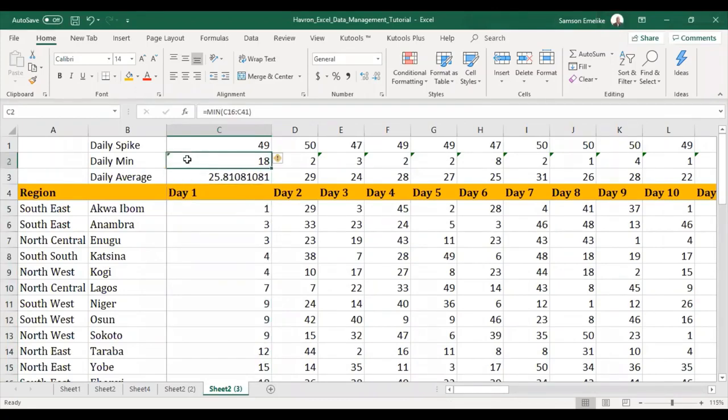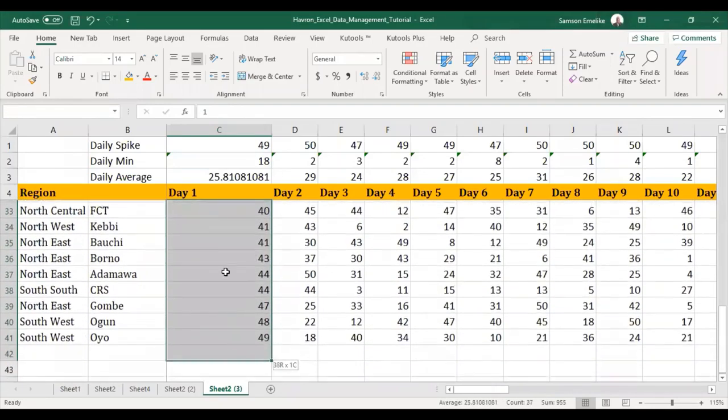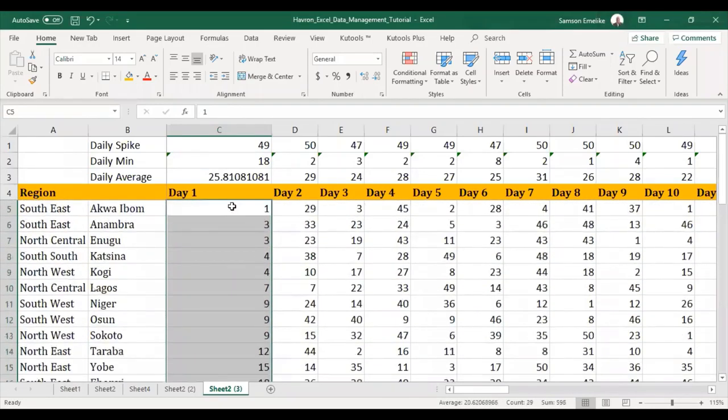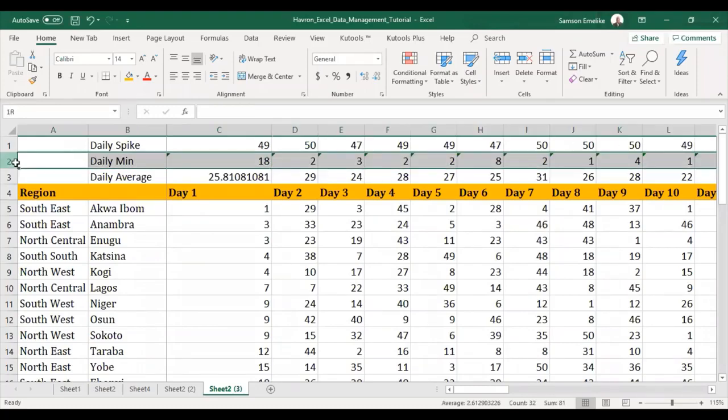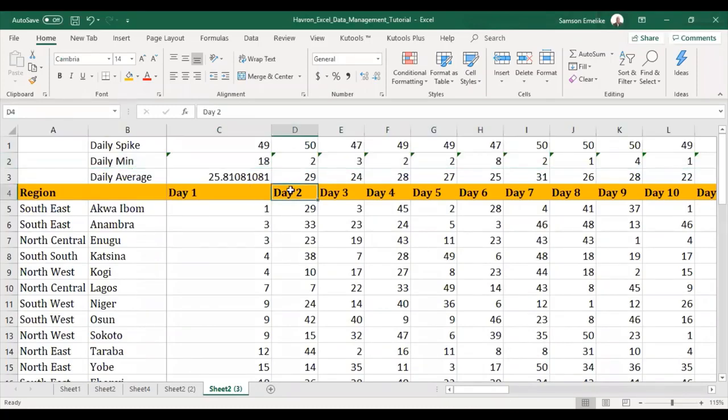And then the minimum that was recorded, the state that has the minimum, we can identify when we use our operation. Of course, we all know how to apply the minimum. So on a daily basis, we have this minimum. This row tells us on a daily basis what value is the minimum.